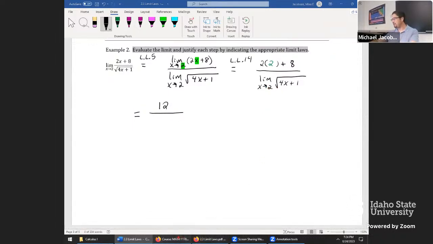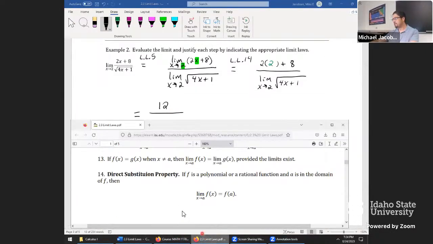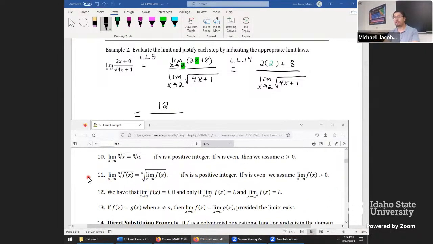Let's look up that limit law. Let's see here. It was limit law number 11. The law says your limit can commute inside the root of any index. But if n is even, this is another issue we have to worry about. The limit should be positive or else we're getting a complex value number. And since this is only real value calculus, we're avoiding those kind of topics.